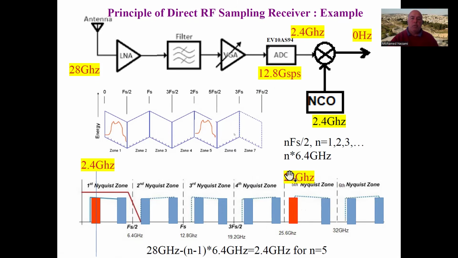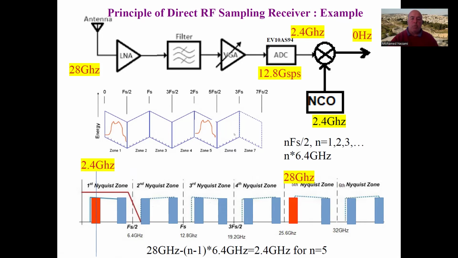Okay, so what that is saying now is we're going to pick somehow this signal to be transformed to the baseband. And so if we look at these signals, we can see the replicas that are below the 12.8 gigasamples per second and above.